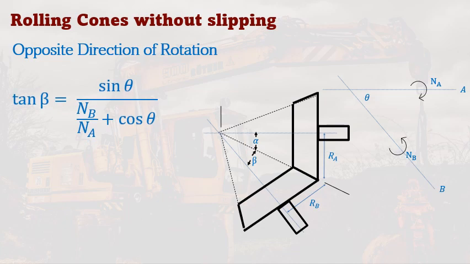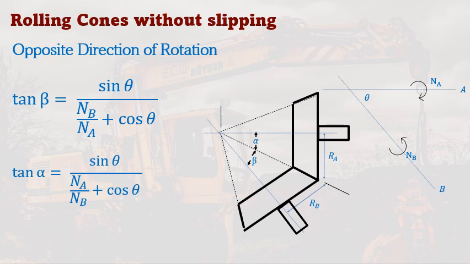So tan beta can be computed as sine theta over NB, the speed of shaft or cone B, divided by the speed of the shaft of cone A, plus cosine theta. And we can also get the tan of alpha using another relationship.